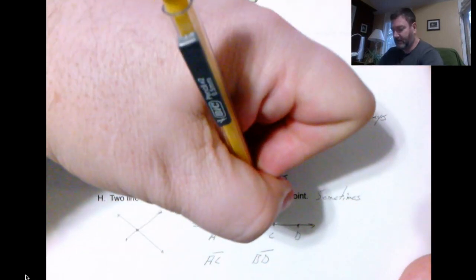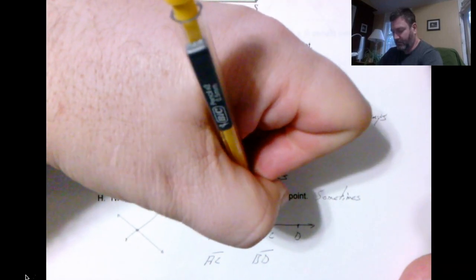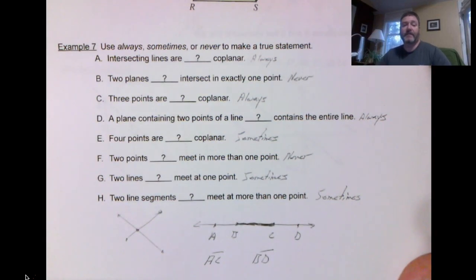They intersect right here, at segment BC. The intersection of segment AC and segment BD is segment BC. That's more than one point. It's an infinite number of points. It's a whole segment that they're intersecting at. So the answer for part H is sometimes.